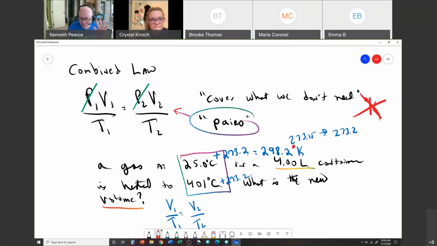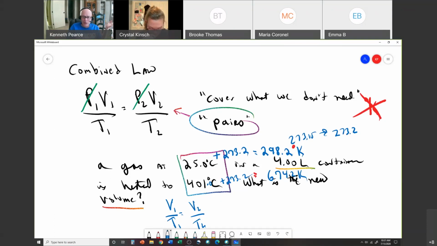So we got 298.2, and if we do the same thing over here, that's 674.2 Kelvin. Same deal. And of course, I'm assuming that that was a 0.0 there. I was just assuming. We use the same thermometer, so we should estimate out the same number of digits.